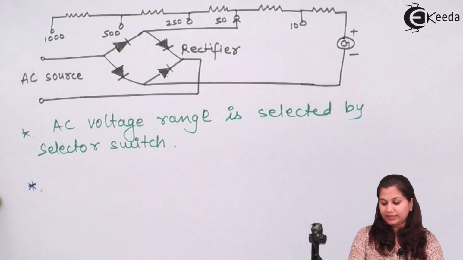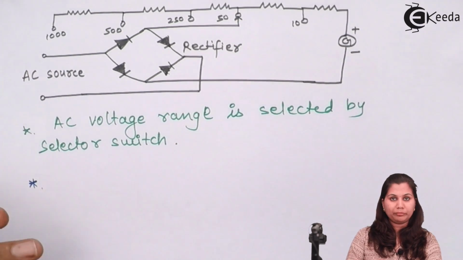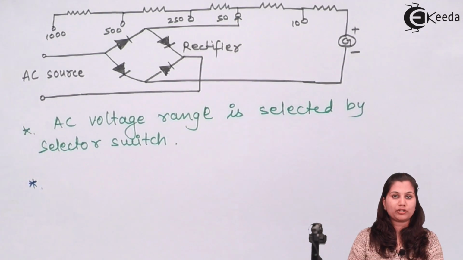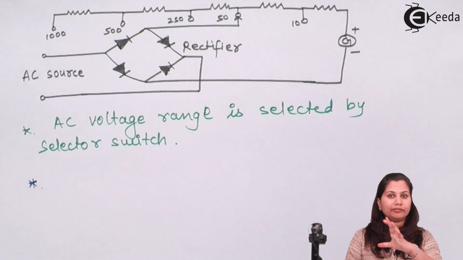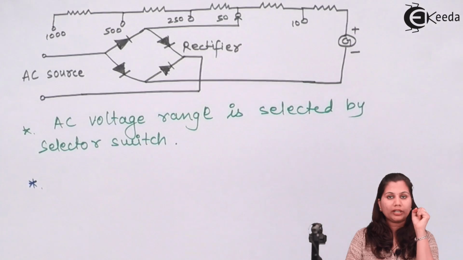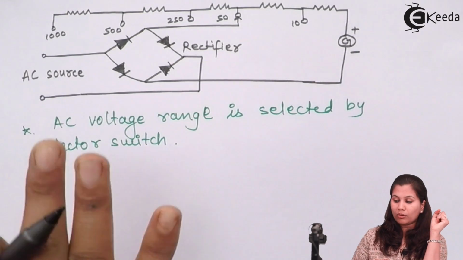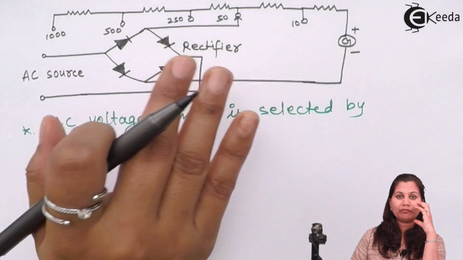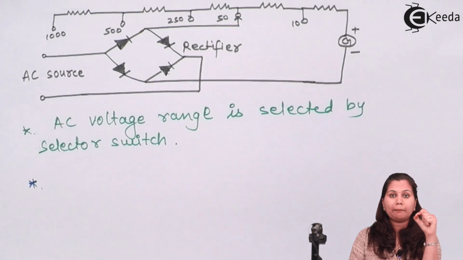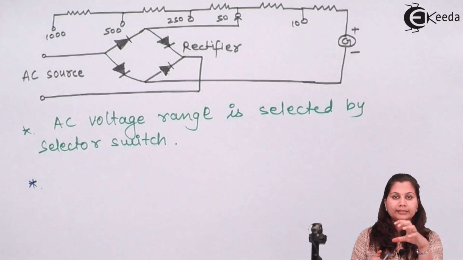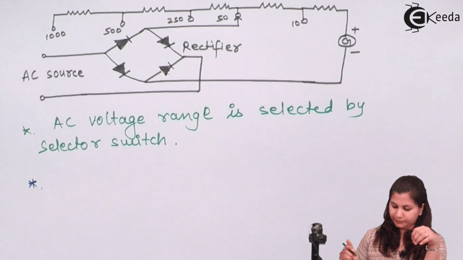Now here we have seen that we are converting the galvanometer into a voltmeter for measuring the voltage. Now we know that whenever we are measuring voltage with the help of a voltmeter, we connect the voltmeter in parallel with the device whose voltage we want to measure. So here also one thing should be kept in mind, that when we are measuring the voltage with the help of an analog multimeter, the multimeter should be connected in parallel with the circuit, then voltage will be measured.